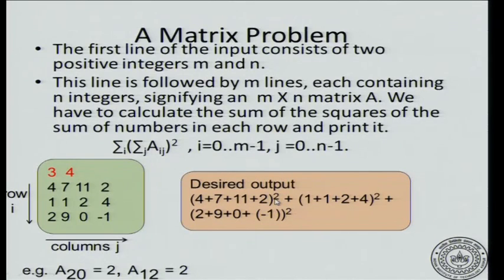So how do we do this by hand? Let us just look at the calculation. So we have 4, 7, 11, 2; 1, 1, 2, 4; and 2, 9, 0, minus 1. Notice that the formula that we have to calculate is i going from 0 to 2, j going from 0 to 3, a_ij, squared. So how do we do this?